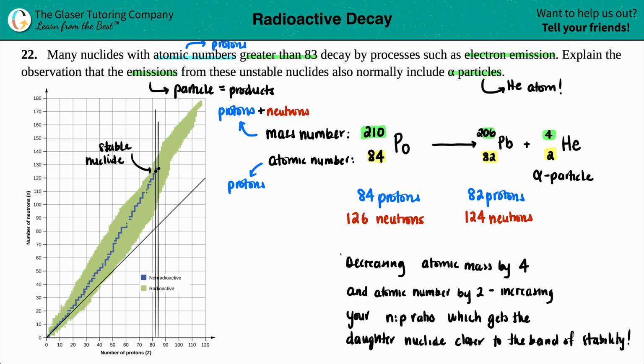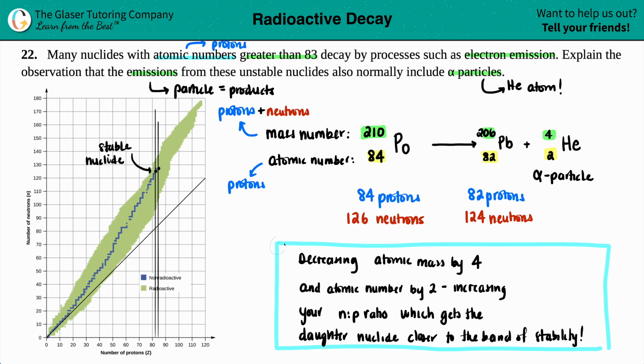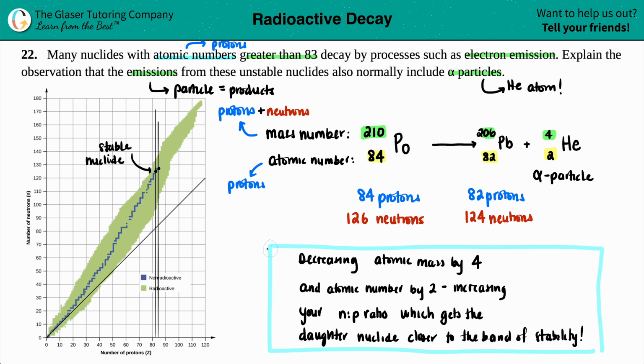So that's basically the majority of what's going on. Generally, if a radioactive material is going to emit an alpha particle, chances are that their N to P ratio is way too low. And by emitting an alpha particle, you always increase that ratio. And by increasing the ratio, it will lead you closer to the band of stability.